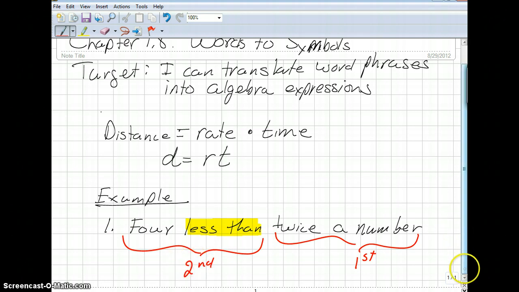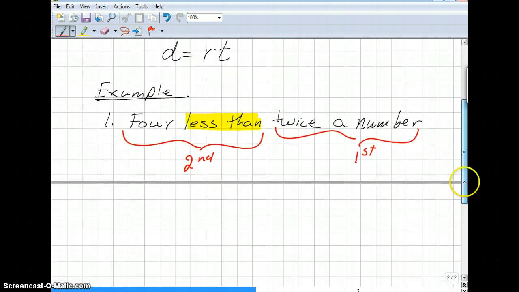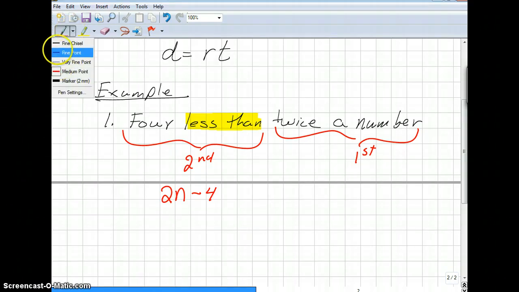So twice a number. First thing you do is select a variable. So we'll just use n. So twice n, 2n, and then we want 4 less than that. So minus 4. So this in algebra says 4 less than twice a number.